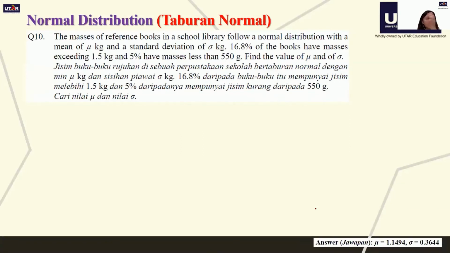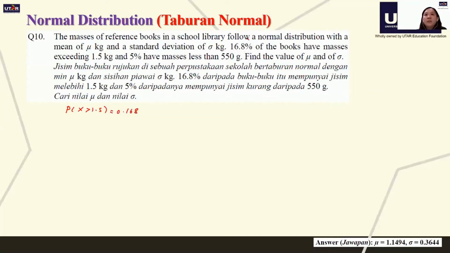So I have the last question, just a fast one, right, before we end the session from my side. Okay, so the mass of the reference book follows normal distribution with the mean of mu and standard deviation of sigma. Okay, so 16.8%, they are having mass more than this. So one more time, I will just put down X more than 1.5 is 0.168, yeah?